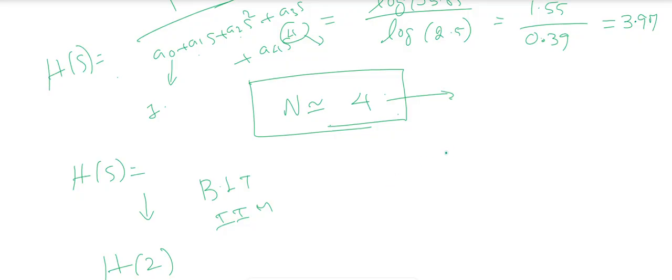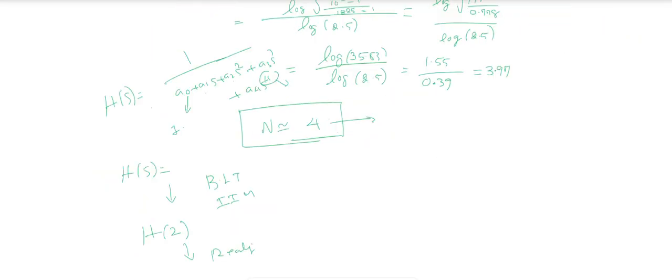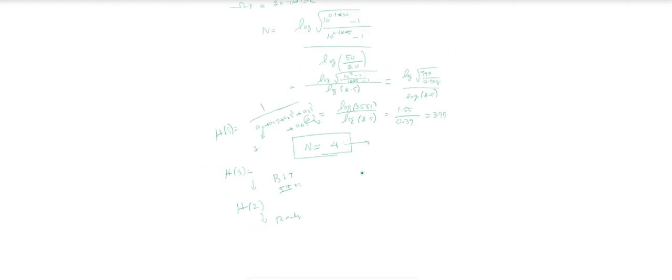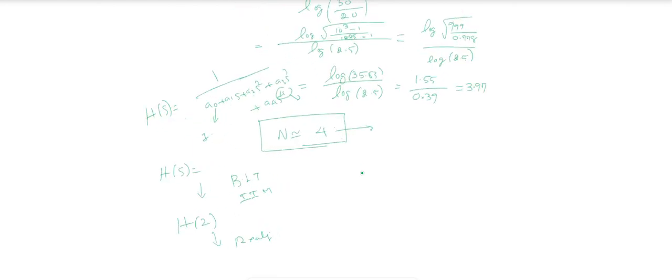Normally, what are the design steps we have seen? Here I will summarize how to design the IIR filter from an analog filter.